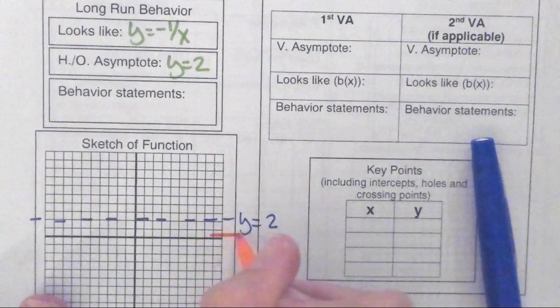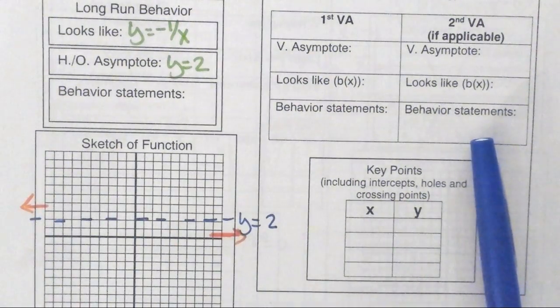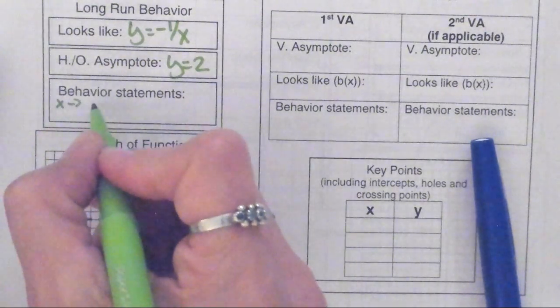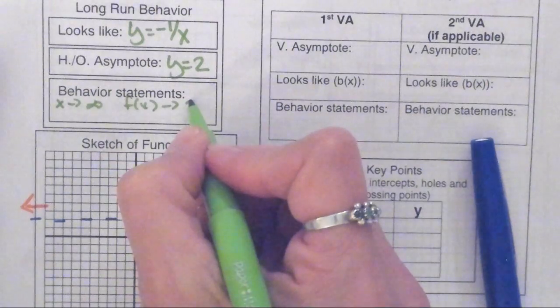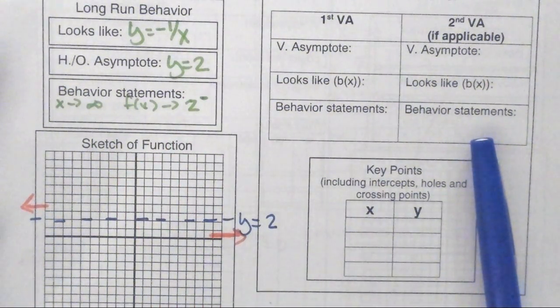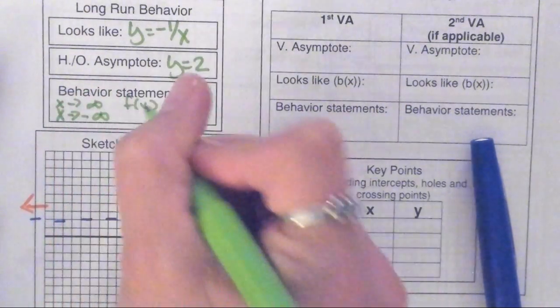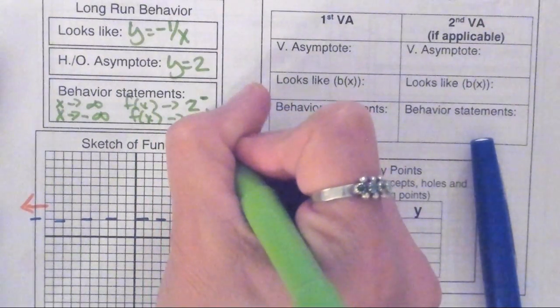So it's going to be below this line on the right, but above this line on the left. So as x goes to the right, I'm below 2. And as x goes to the left, I'm above 2.